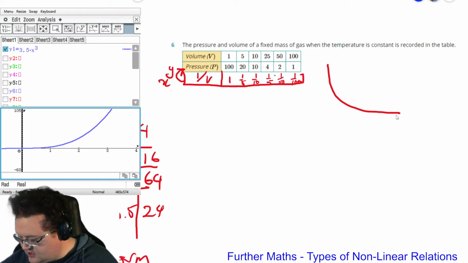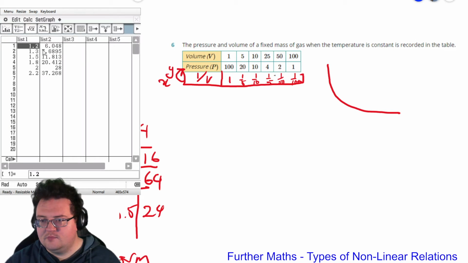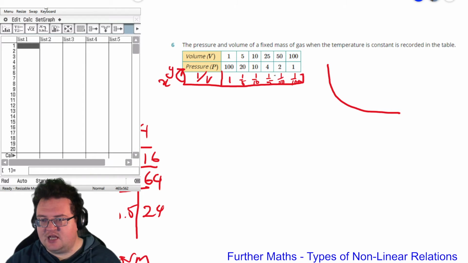But our CAS can also be used to help us with this. So what I'm going to do is go back to statistics. Going to clear out all the things I don't need, and I'm going to start putting in values.